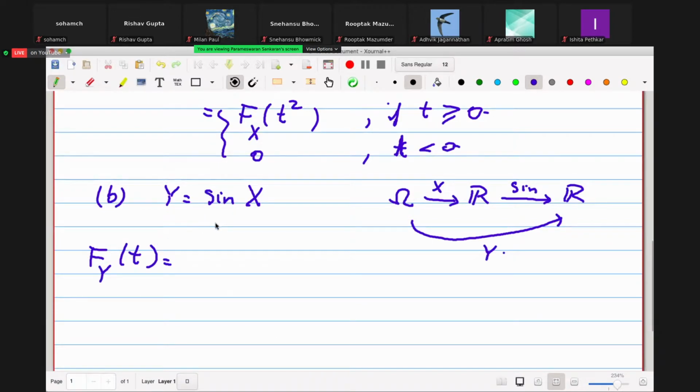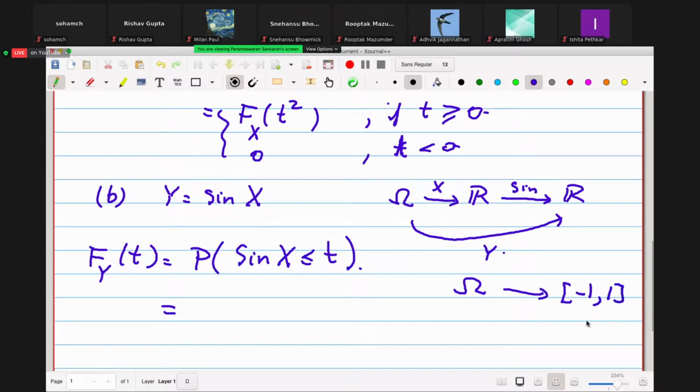So now let us do this problem. This is the same thing as the probability that sin x is less than or equal to t. But sin x takes values where to where? It takes values only in the range minus 1 to plus 1, but t has domain equal to the whole of real numbers.